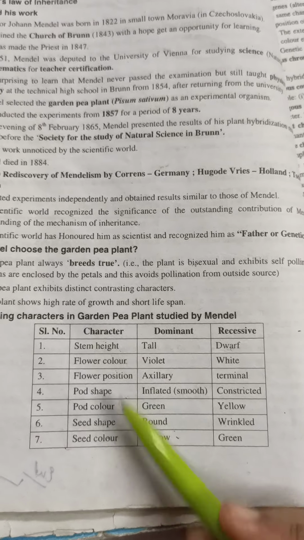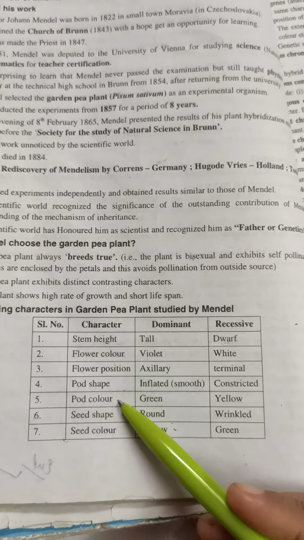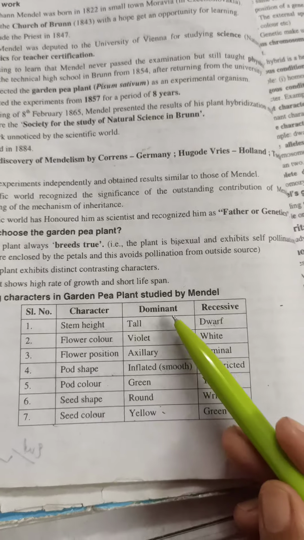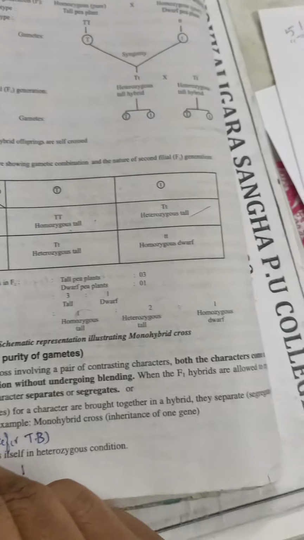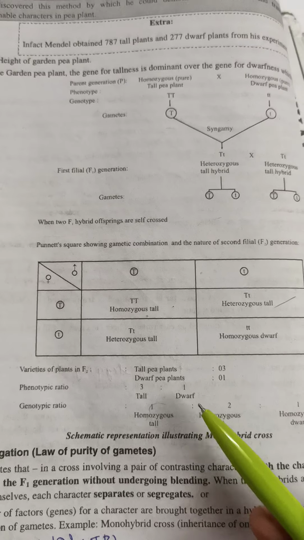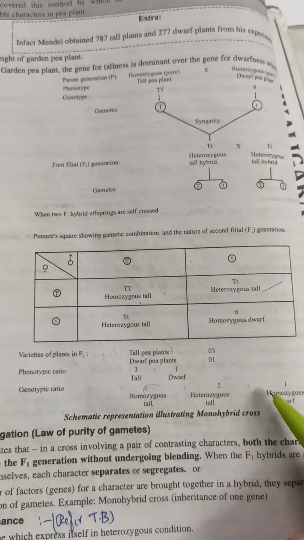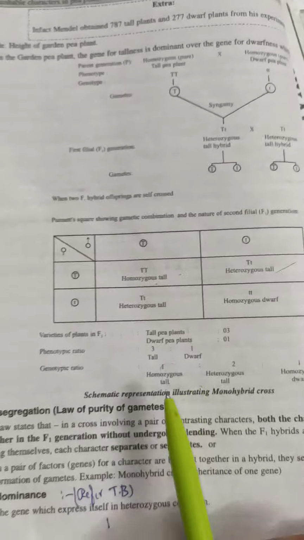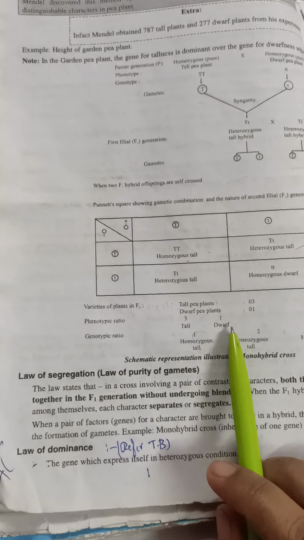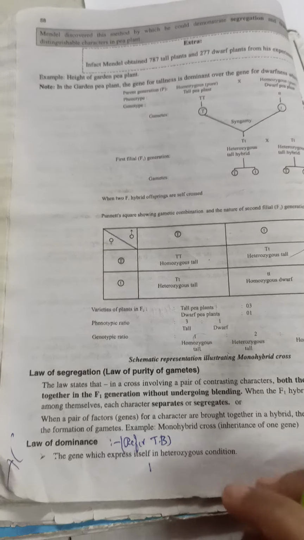Out of these 6 I have already done 1. Out of the rest you select 3, any of the 3 characteristic features, and you cross the dominant and recessive. After crossing you should get the same ratio, that is for phenotypic 3:1, for genotypic 1:2:1. If you get the same ratio, your crossing is correct. You can only verify that. So that is your work you have to do.